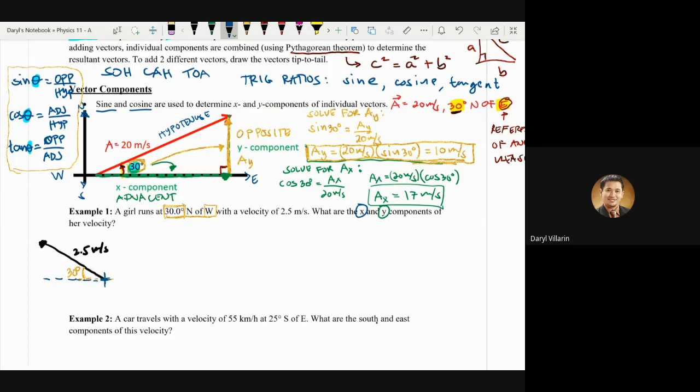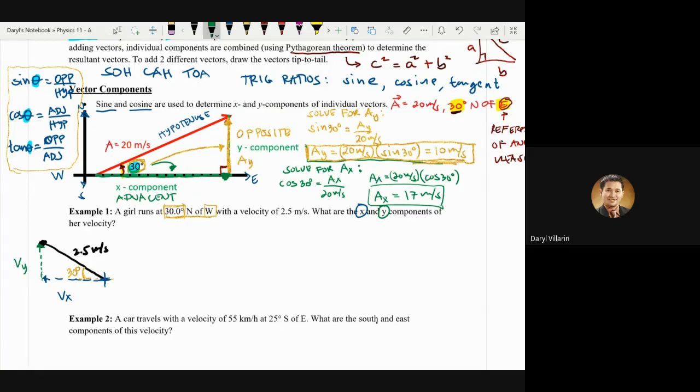So this would be your x component. I'm just going to call this one Vx. And the y component is just the component that connects Vx towards the tip. Okay, so this is my Vy.